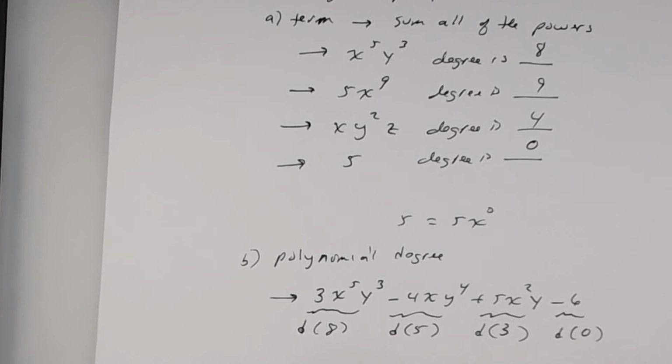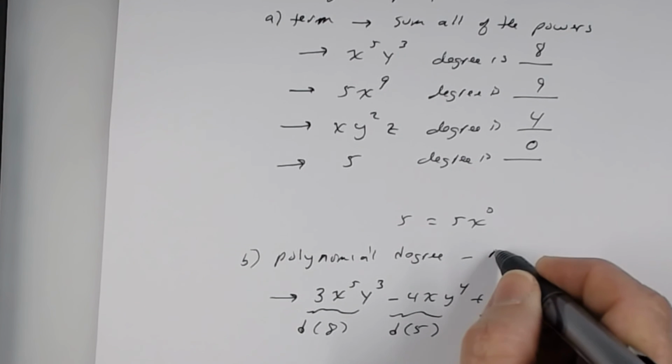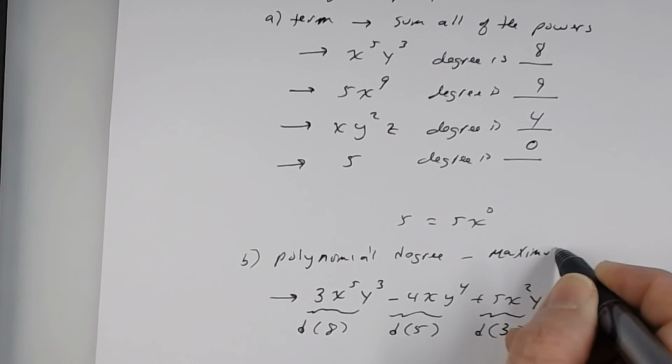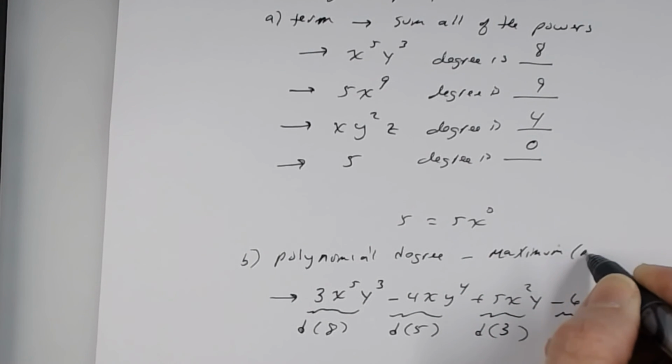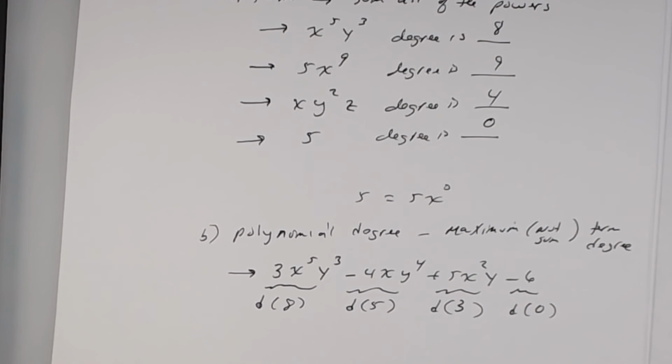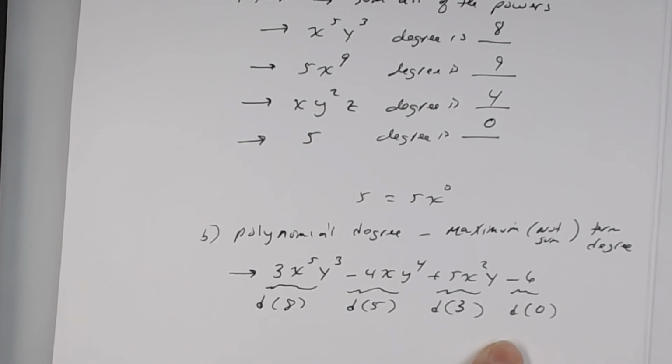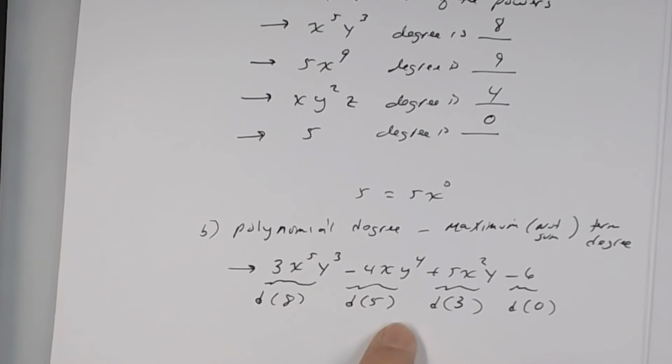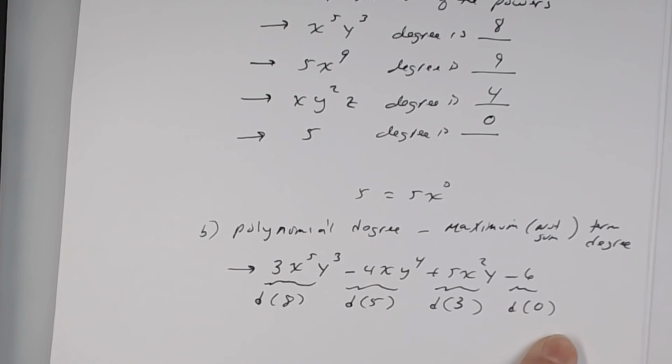The degree of a polynomial, though, the degree of the polynomial is the maximum, not the sum now, not the sum, the maximum term degree. Just write it as the maximum term degree. Now don't add up all of those numbers. That's not what a polynomial degree is. So don't say 8 plus 5 plus 3 plus 0. Is that clear?